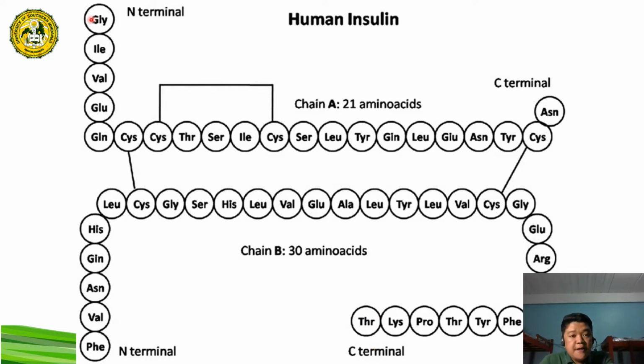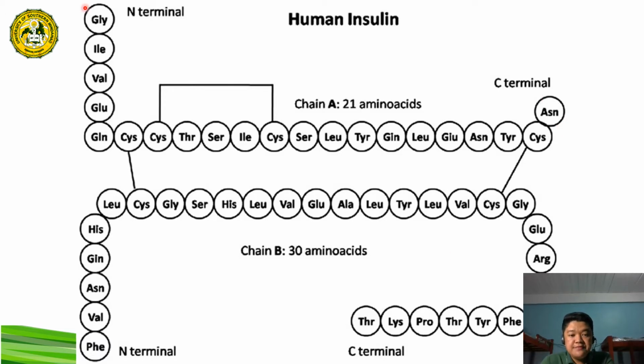The amino acids of the A chain are numbered from 1 to 21. The portion here is the N terminal of our insulin, and here is the C terminal.